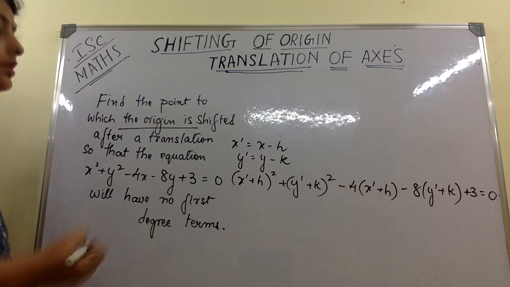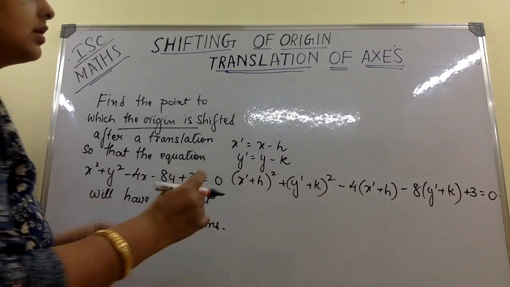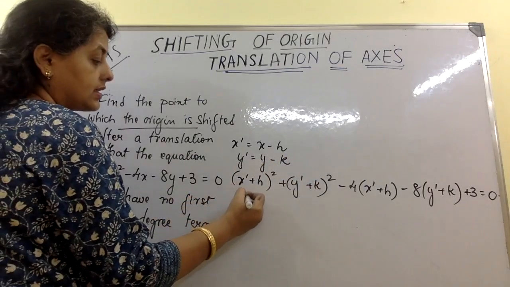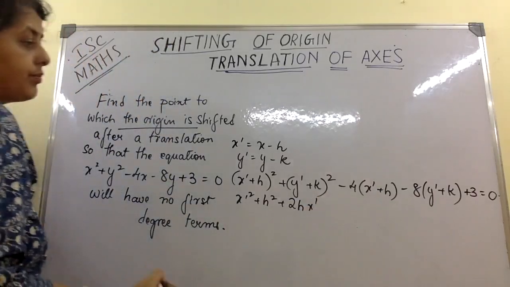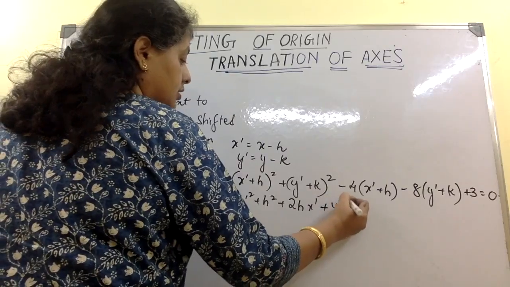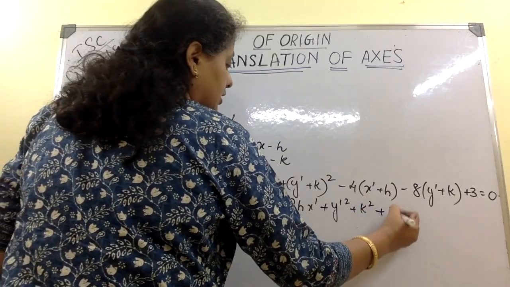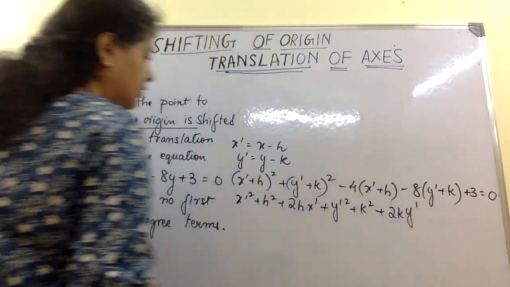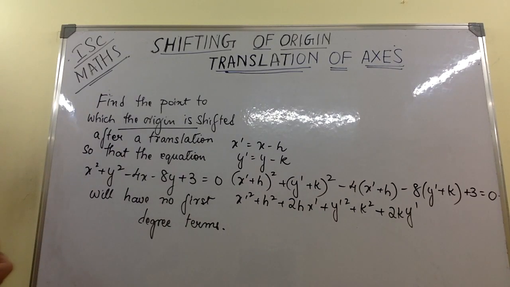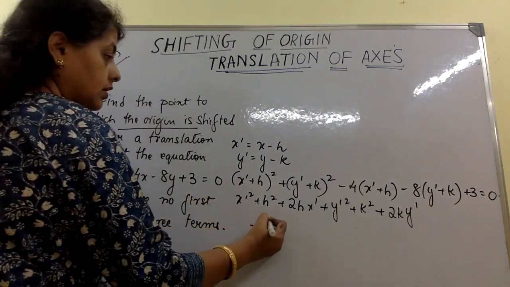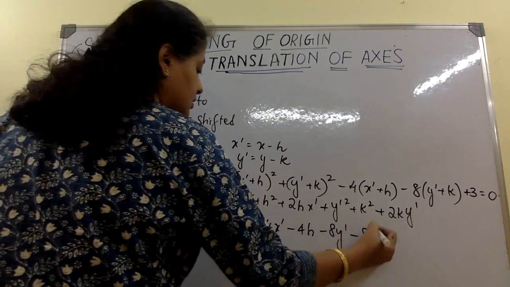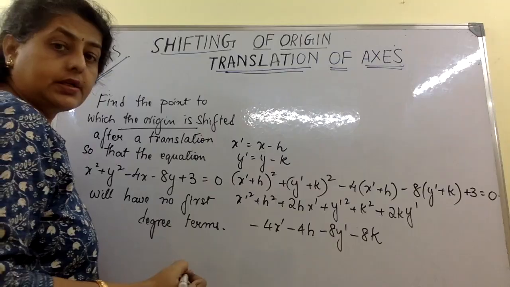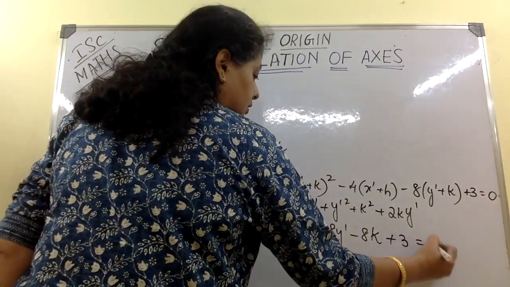Okay, so here we will open up these using identities. X dash square plus h square plus 2h x dash, plus y dash square plus k square plus 2k y dash, minus 4x dash minus 4h minus 8y dash minus 8k, plus 3 is equal to 0.